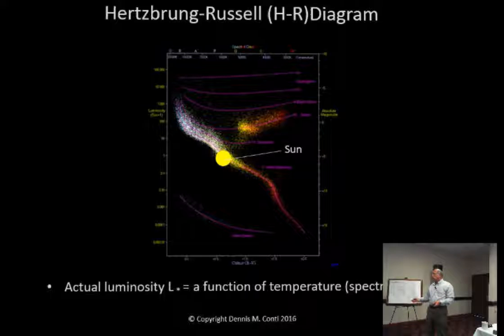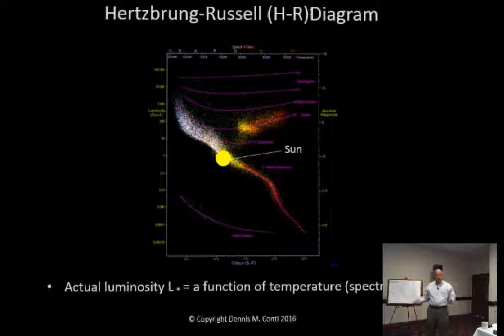And that is the key here, then: if we need to determine the actual magnitude of a star, one of the ways is to look at its temperature through spectroscopy.